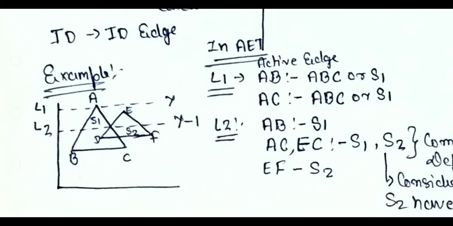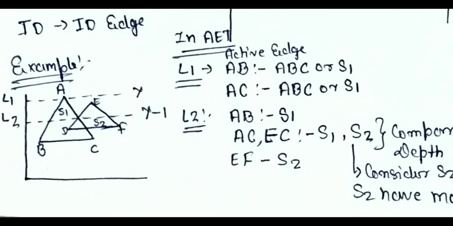Now we come to the L2 scan line. In the L2 scan line, first it intersects AB, in which surface? S1. Next the scan line intersects AC and EC also.